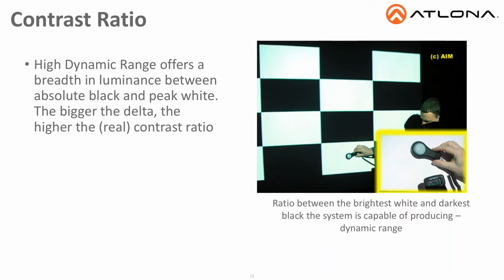It's the brightest white and the darkest black that a display can create. And high dynamic range offers a wider range of blackest blacks and whitest whites that a display can create, and so that creates a larger gap, which is a higher contrast ratio for that display.